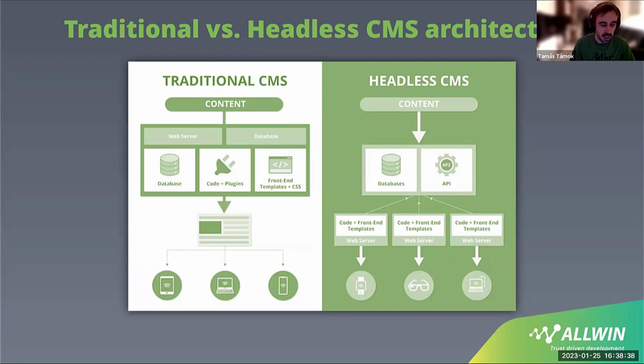These are all served through the same web server. So you have to install some part of the CMS to make it work for content delivery as well, and then it serves the content, or actually the HTML, to the different devices.